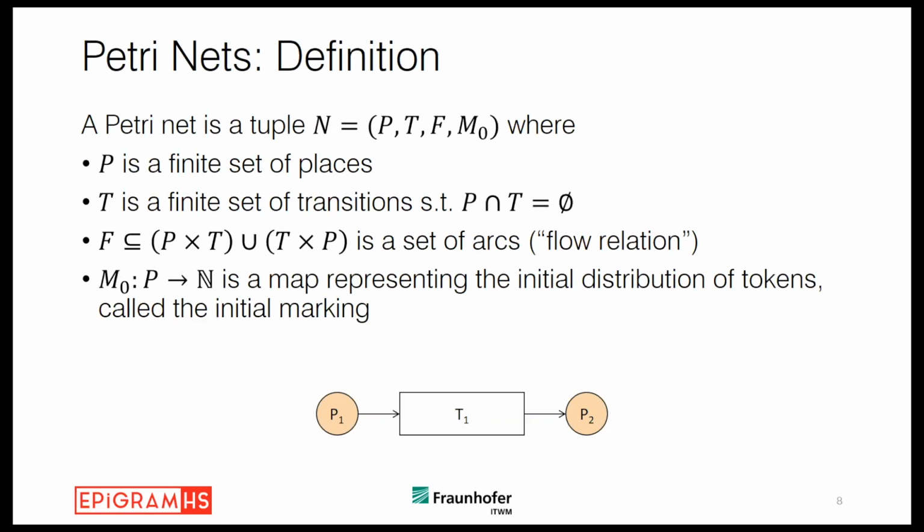And it has a bunch of arcs which connect those places to its transitions. And of course, as most graphs, it has an initial state. And down below, you can see a picture of one of the most minimal Petri nets featuring an input and an output.